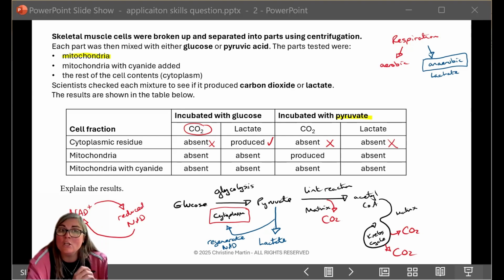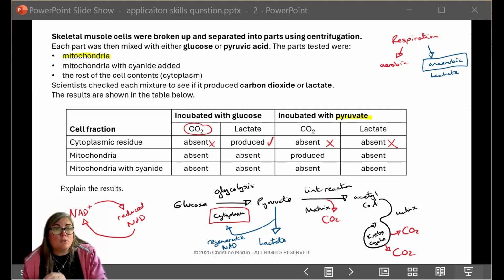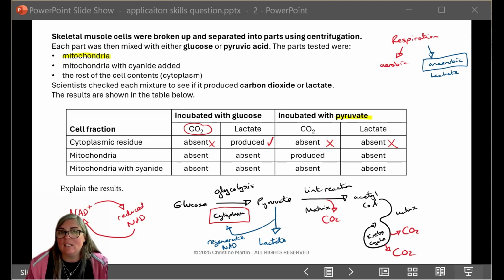Well, we didn't have any glucose. Therefore, there was no reduced NAD being produced. So there's no hydrogens that can be donated to the pyruvate to turn it into lactate. So that is why it is absent in the cytoplasmic reticulum.